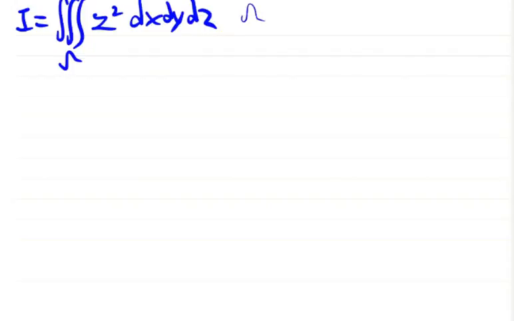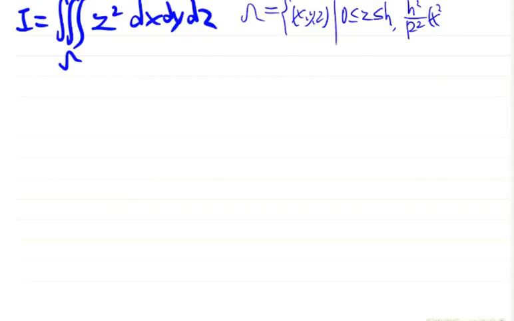Omega is this domain: x, y, z with 0 less than z less than h, and h squared over r squared times x squared plus y squared less than z squared.